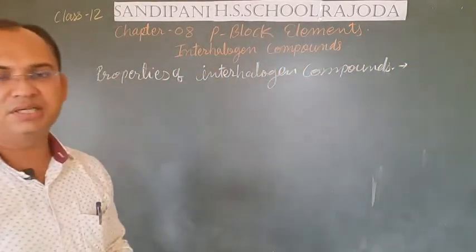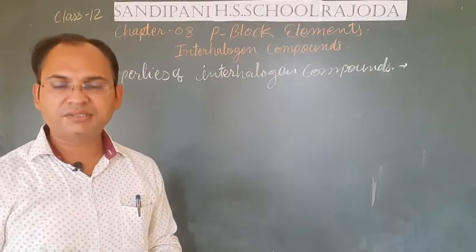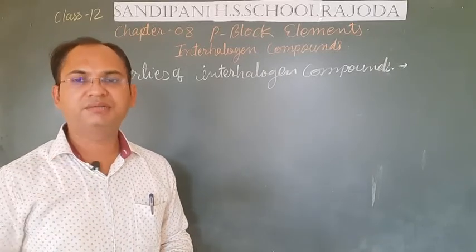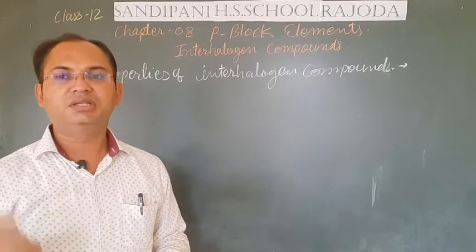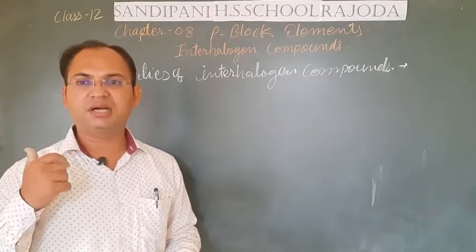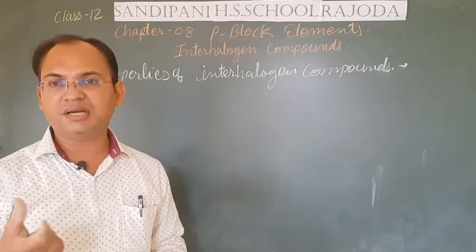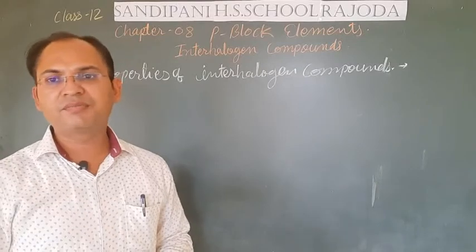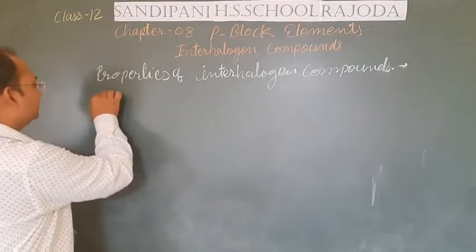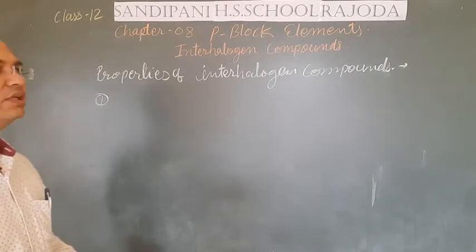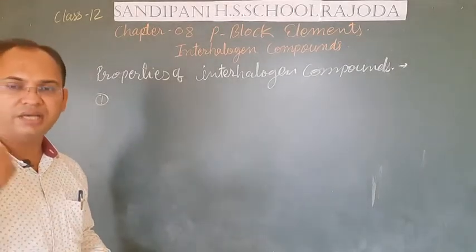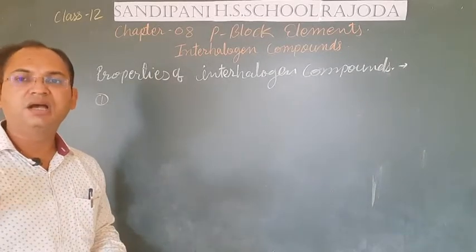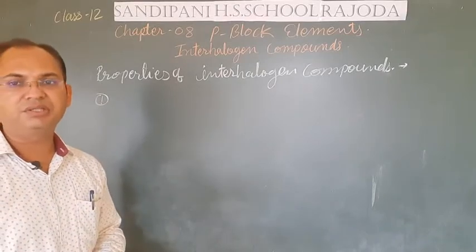The first property is that they are more reactive as compared to the halogens. The reason behind their greater reactivity is their polar bond. The bond between two different halogens is much more polar than the bond between the same halogen atoms. They are more reactive than halogens, except fluorine, because fluorine is the most electronegative element, with the highest reactivity in the periodic table.